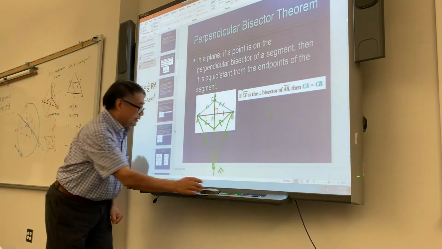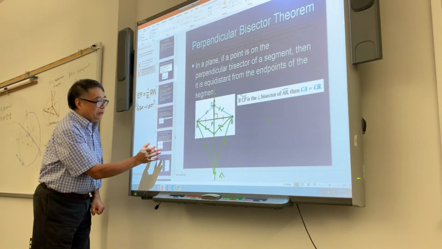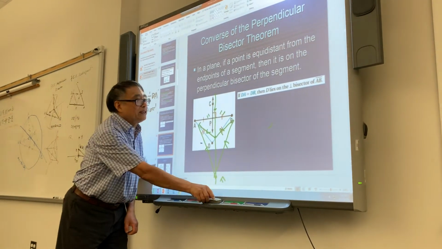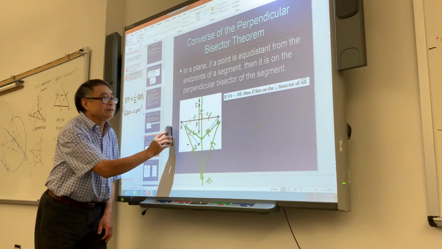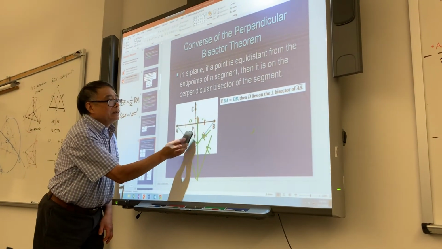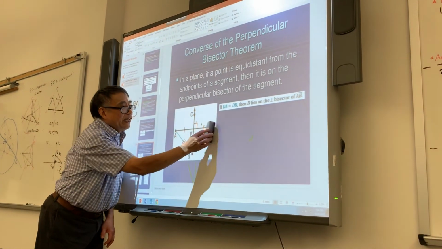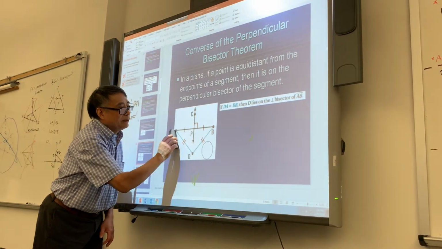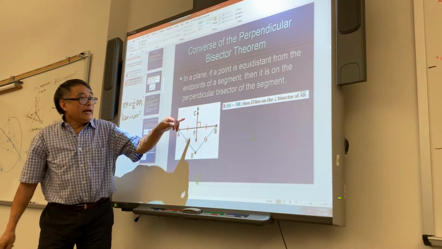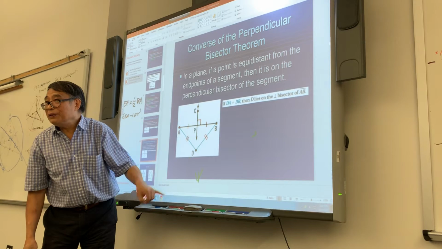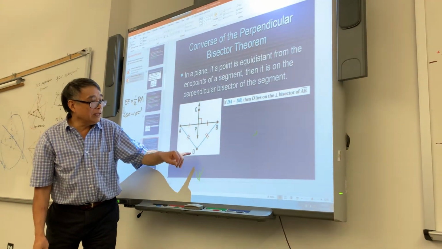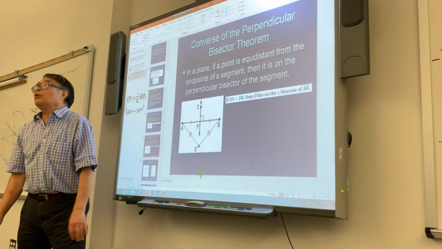We have a converse. The converse is more important to use. For this question, a quiz or test must include it. Look at the board. AB is a segment and P is the midpoint, perpendicular. But we don't know whether D is on the line or not.